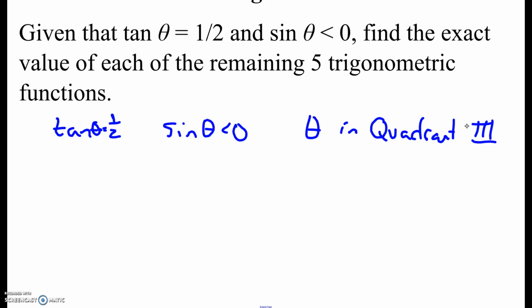There are two different approaches that we can take to find the values of the other functions. One is to remember the definitions of our trig functions. Tangent is y over x.